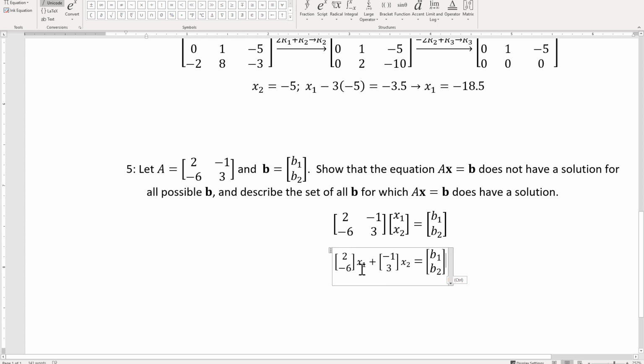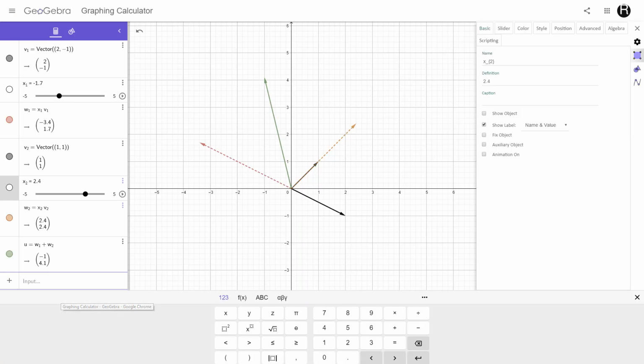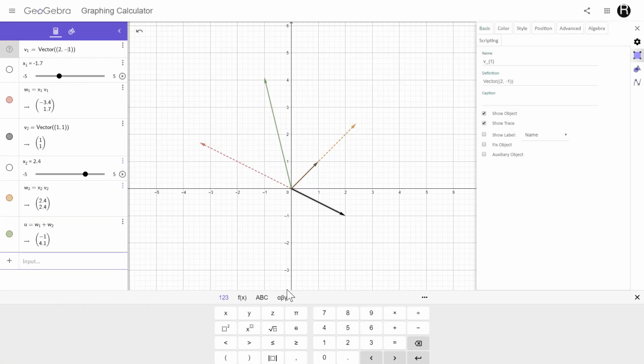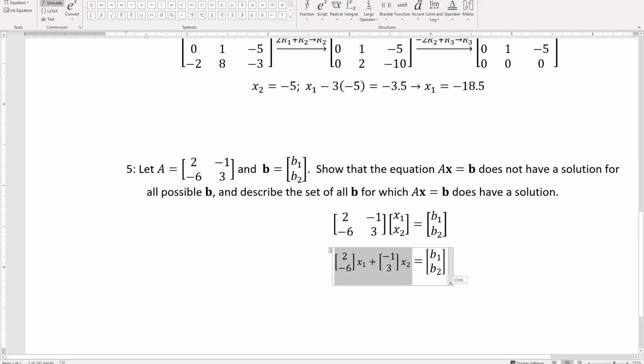So what we want to know is what the linear combination of these two vectors is if we take a look at the column vectors: 2, -6 and -1, 3. Let's take a look at our graph. We want 2, -6 and -1, 3 as our v1 and v2 vectors.